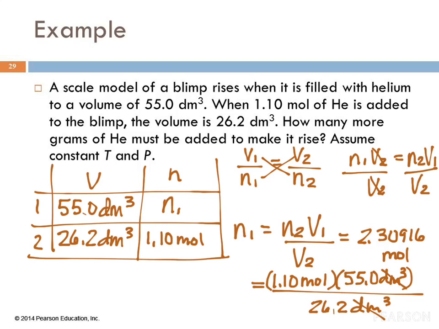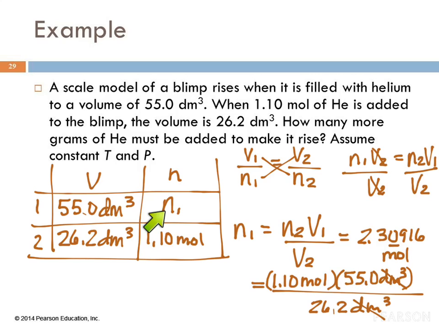That one should have 3 significant figures, but this was kind of a confusing problem, and so we're not sure if we're done yet. Well, yes, it's asking for grams, but this unit is moles, right? So what does this mean, 2.3 moles? This is the number of moles of gas that needs to be in the blimp for it to float, right?